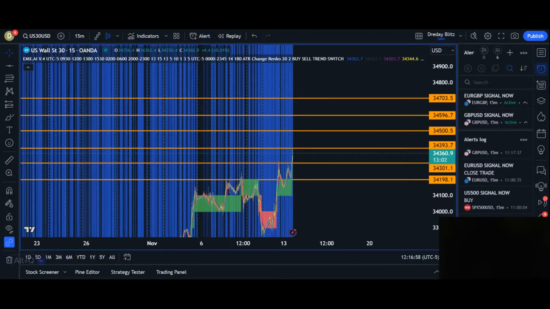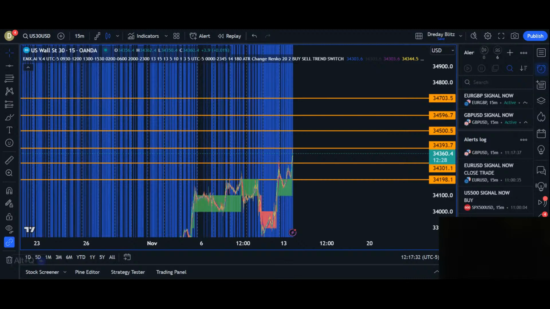I don't know exactly when specifically, but the changes will be to add the Renko bar zone profit target, so that way you don't need to plot them manually. It's going to be done automatically based off of the Renko bar range.